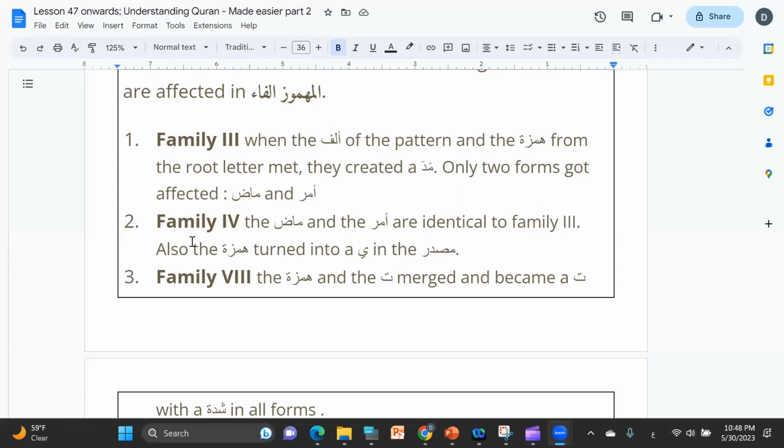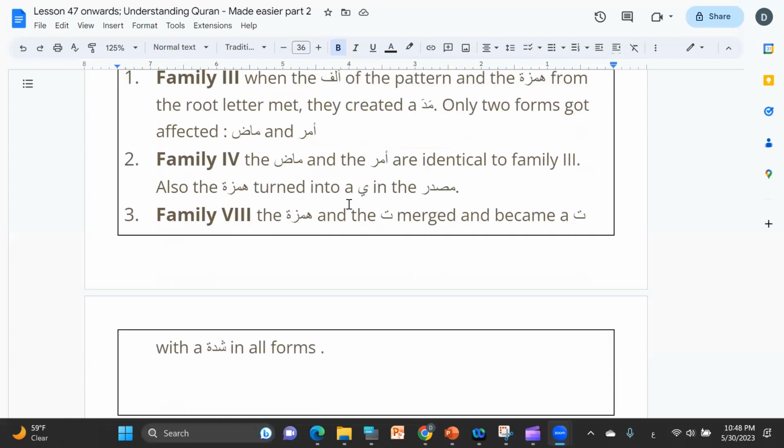In family 4, the past tense and the Amr, the Fele Madin and the Fele Amr commanding, are identical to family 3. Also the Hamza in Masdar turns into Ya. So Amana, past tense is Amana and commanding Amin, and in Masdar we have Ya, imanan.